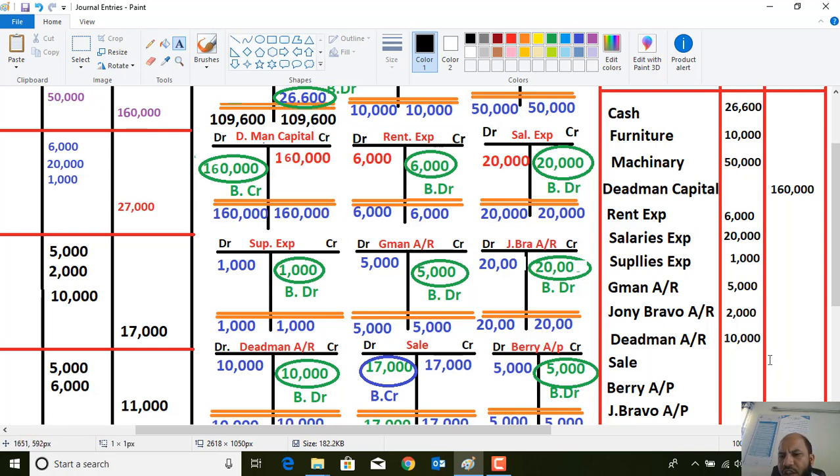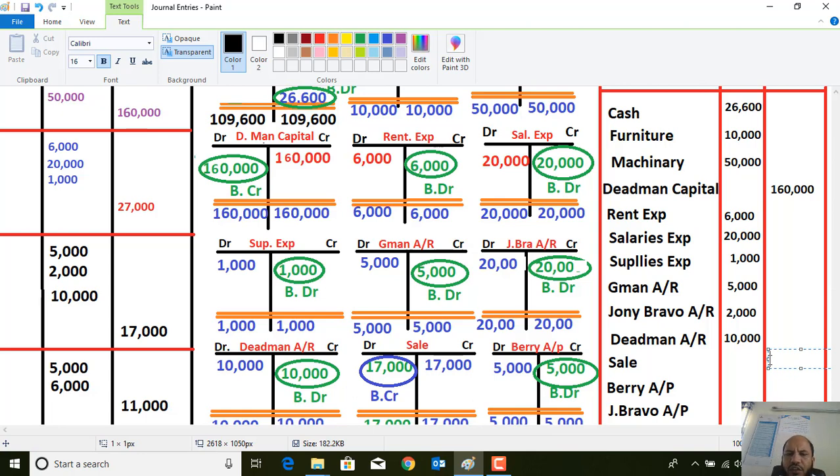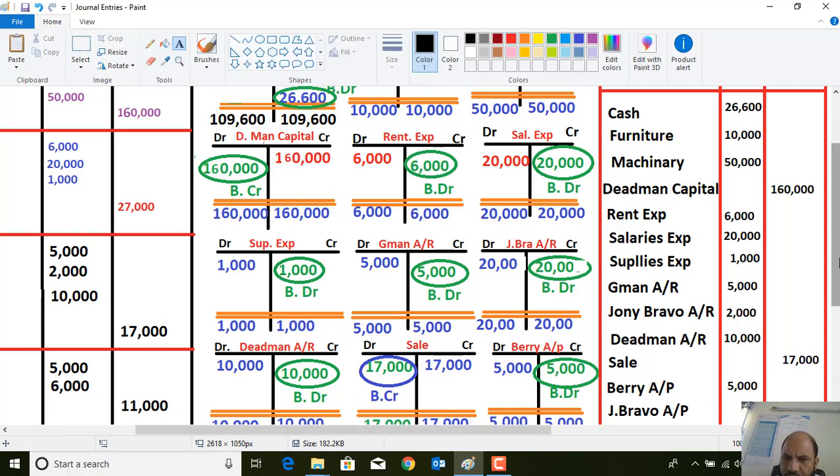So here we will record the balance of credit, which is equal to 17,000 rupees. This is the balance of credit record, so that's why we have mentioned over here. We have also the Biri account payable. Biri account payable is 5,000 and it is a debit balance, that's why we will record it at the debit side.